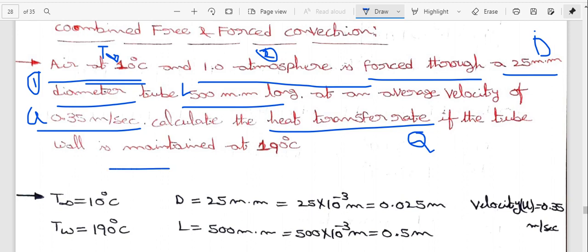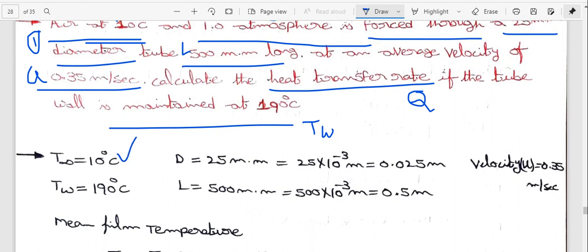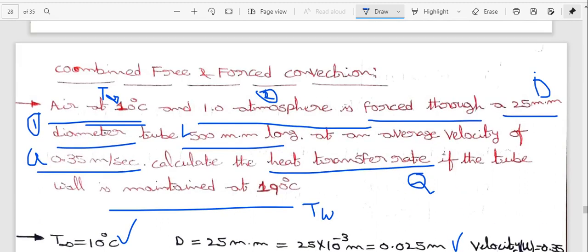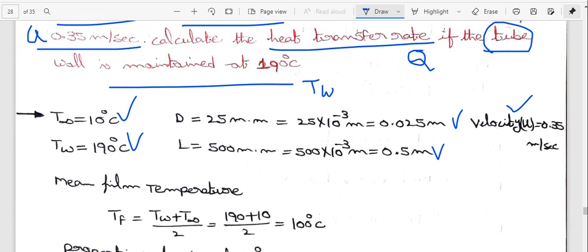If the tube wall is maintained at 190 degrees, that means the T wall temperature, now we need to calculate the heat transfer rate. So here we have T infinity and T wall temperature, the diameter of the tube, the length of the tube, and a uniform velocity of 0.35 meters per second.